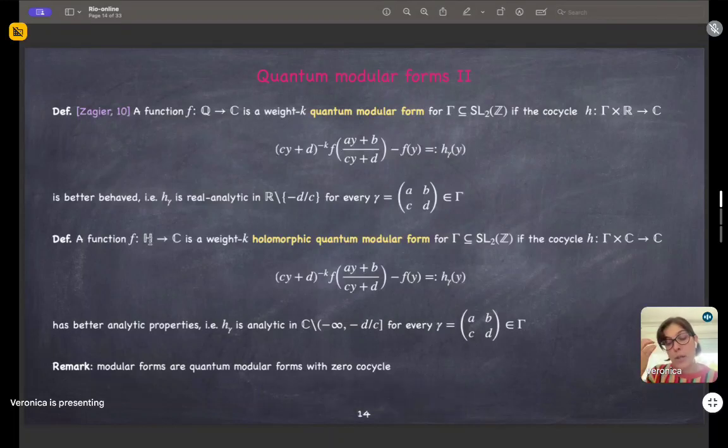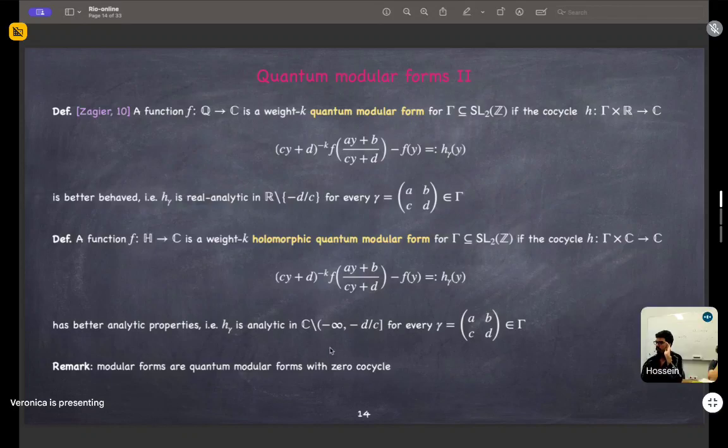In this case, usually what is required is that the function is analytic on the complex plane minus a half ray. Typically we cut from minus d c to minus infinity, so just a half line.